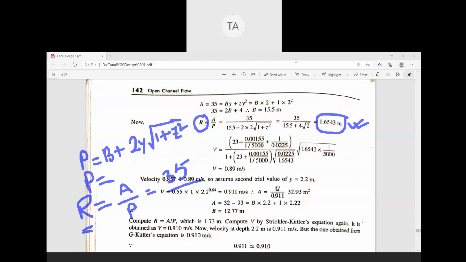Okay, fine. So now we have to find out the velocity. You have to find out the velocity again. So I think you have that equation for velocity.